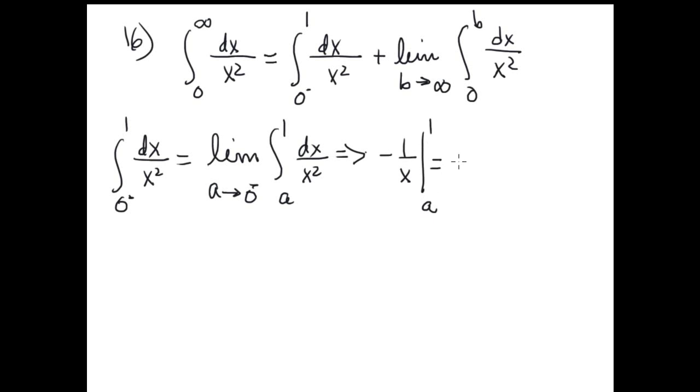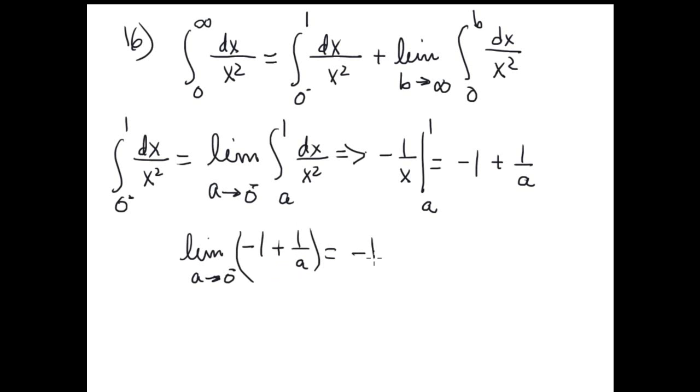So negative 1 plus 1 over a. Now apply the limit. The limit when a approaches 0 minus of negative 1 plus 1 over a. Plug it in: minus 1 plus 1 over 0 minus. It's a negative 1, and this is minus infinity, because positive divided by negative is negative infinity. The answer is negative infinity.